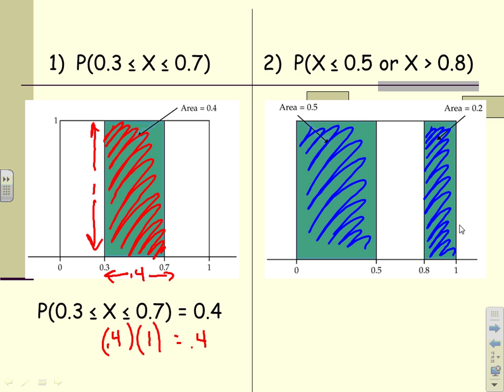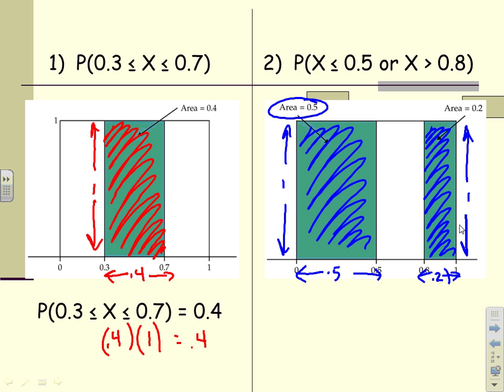All right, well, on the one on the left, we have 0.5 for the width. 1 is the height. So as you see there, that area is 0.5. For the one on the right, we have a width of 0.2. Also a height of 1, giving us an area of 0.2.